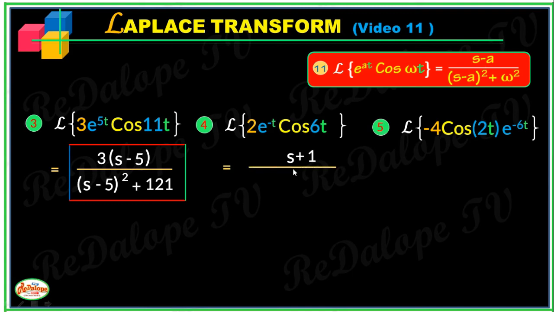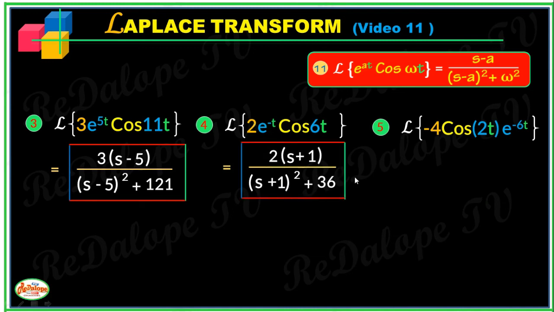Divided by, again, if this is s minus a, just copy s plus 1, then square it, so this becomes s plus 1 raised to square. Then copy the plus sign here, and omega happens to be 6, then 6 squared becomes 36. That would be the final answer, but you need to multiply by 2 since that is the multiplier. So this is the final answer here.